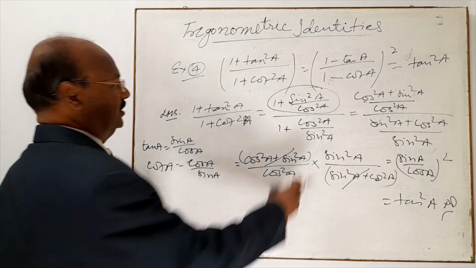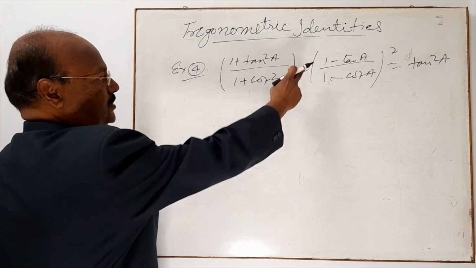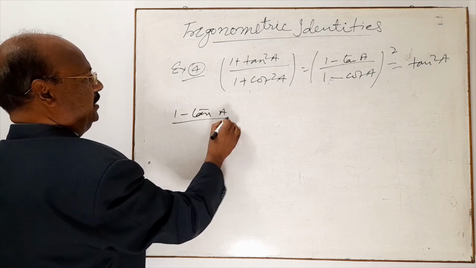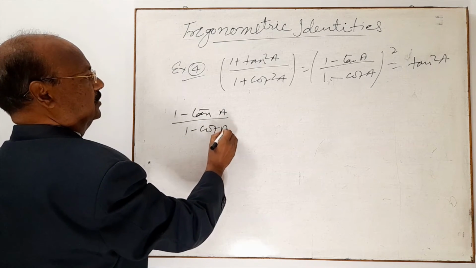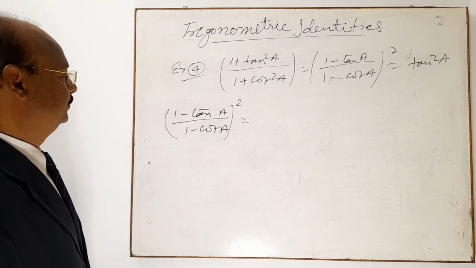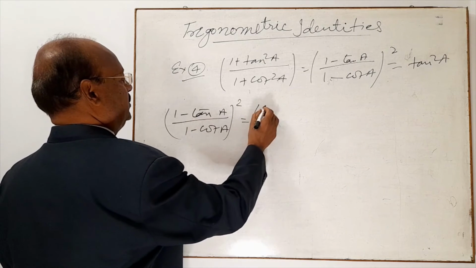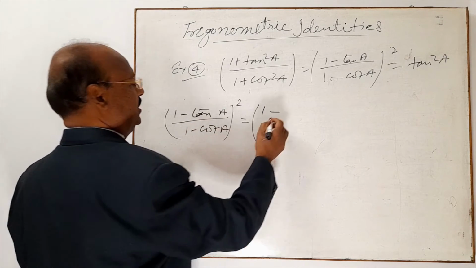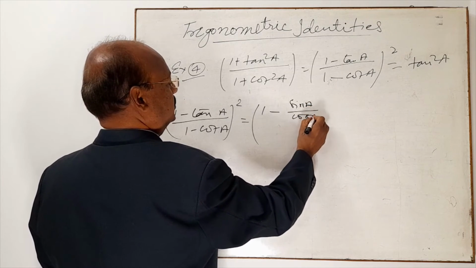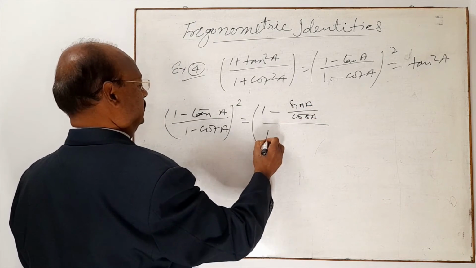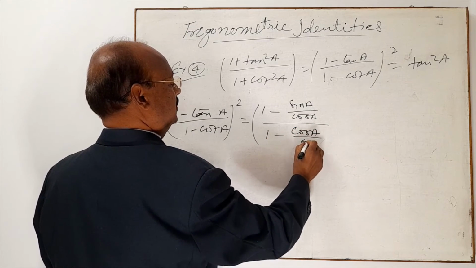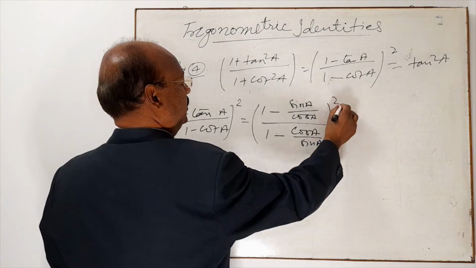Now, let us see this middle term. Let us start from this expression, ((1 − tan A)/(1 − cot A))². Let us simplify it. So, this is 1 minus, this tan A can be written as sin A by cos A, upon 1 minus cot A, which is cos A by sin A, whole square.